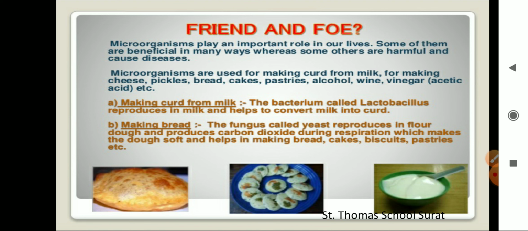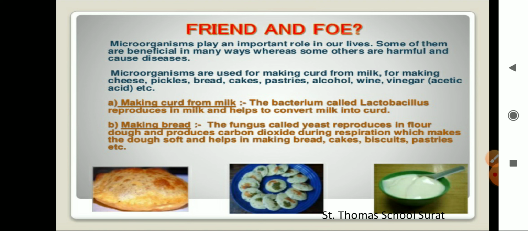Have you seen how your mother used to make the curd? They used to boil the milk, and when it cools down, you put one spoon of curd in that. After 2 to 3 hours, you can see that the milk has converted into curd.